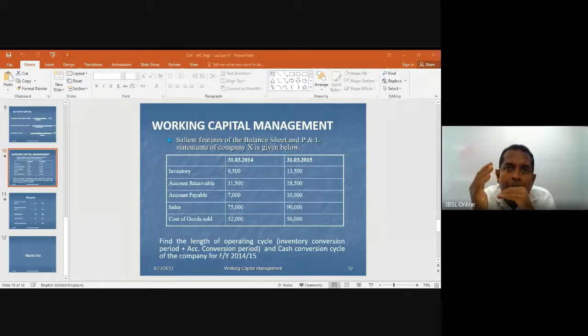Whatever is above the break-even level. The difference between actual sales and the break-even sales, or projected sales and the break-even sales, is called the margin of safety, right? Margin of safety.